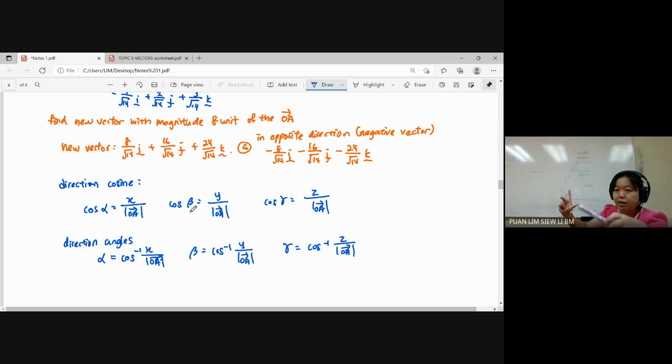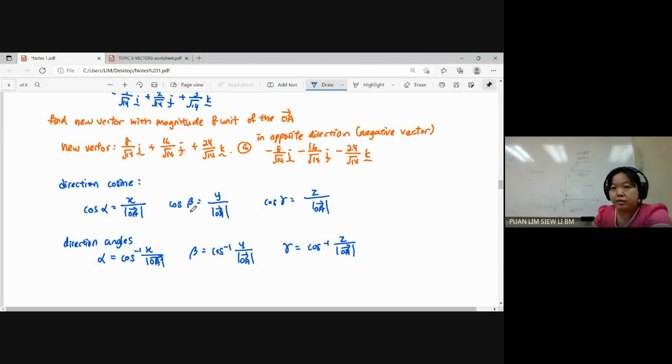So just now my OA should be coming like that. You can see clearly OA coming like that. So this is my alpha. This is the angle generated by beta. This is the angle generated by gamma.